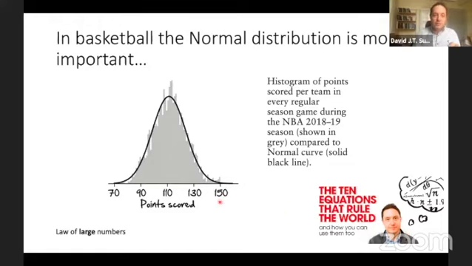I looked at basketball and found very nicely and regularly for NBA games 2018-19, and I'm sure you can do this for other seasons, that the normal curve, this bell-shaped curve, very accurately describes the number of points scored per team in each game. And that's because basketball is the sum of lots and lots of random events, while football is the sum of very few random events. The law of large numbers gives you the normal distribution. The law of small numbers gives you the Poisson distribution.